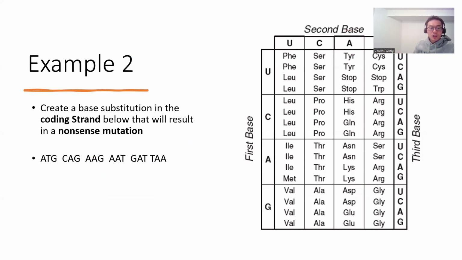Okay, here. Create a base substitution in the coding strand that will result in a nonsense mutation. So it's probably a good idea to change the whole thing to RNA first so that we can see it better. This is coding, so it's very easy. You just copy it.